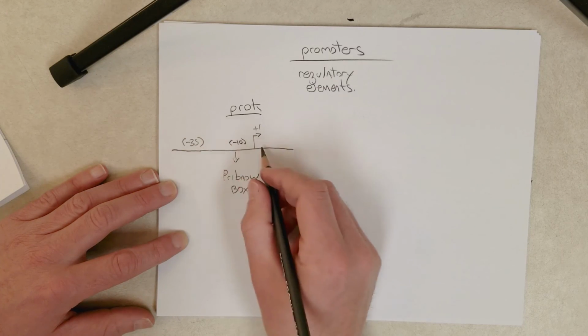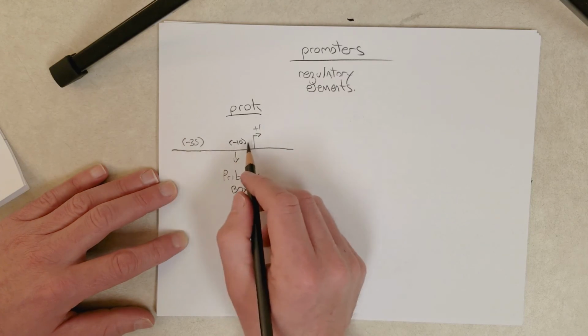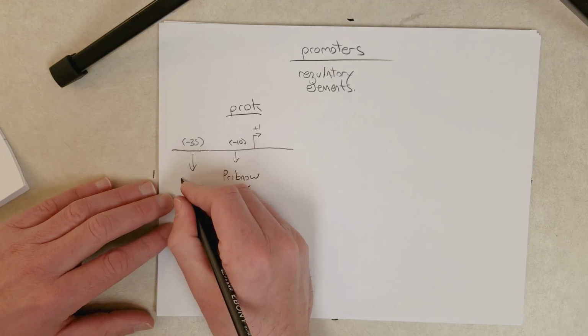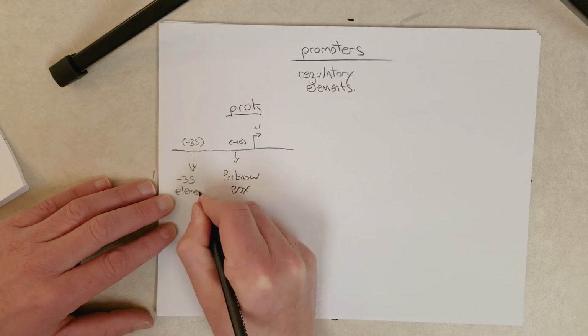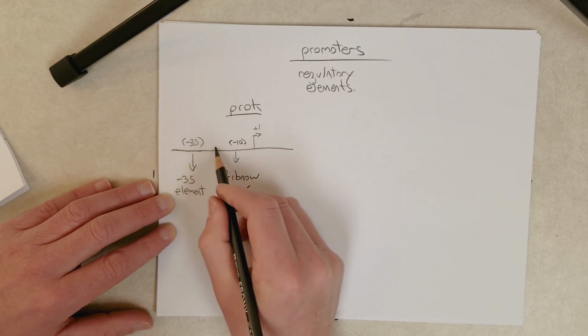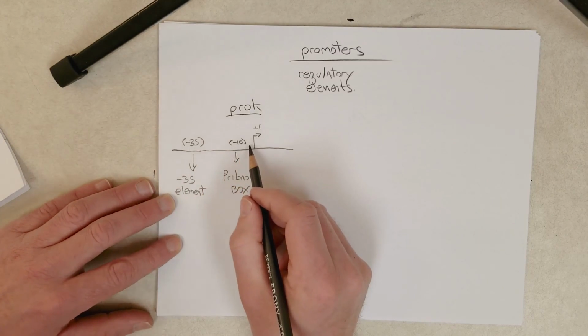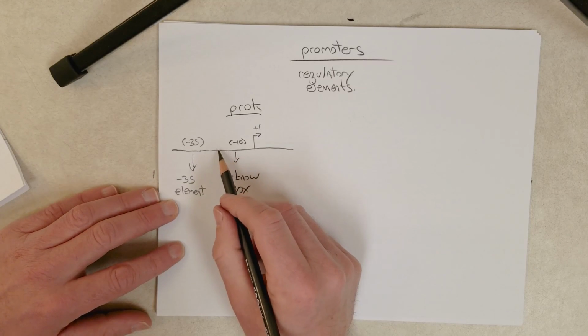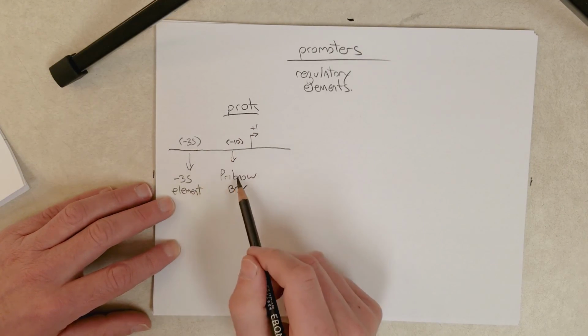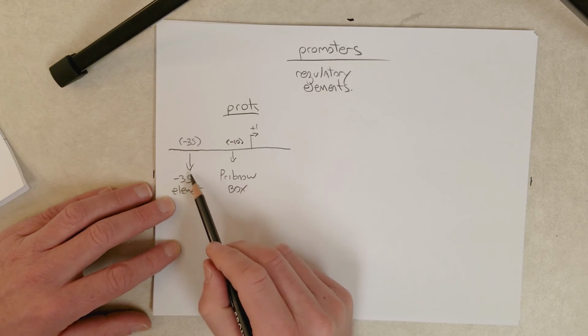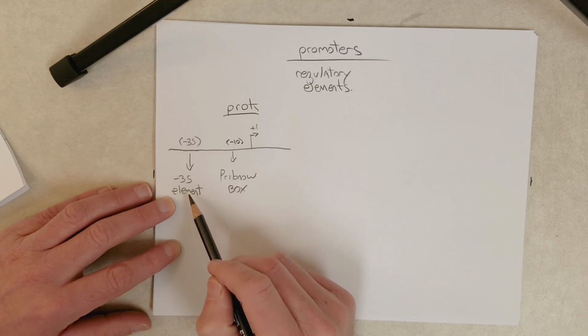But for -35, 35 nucleotides before the +1, we will often find what is called the -35 element. It's not always there, because there can be other types of regulatory elements in charge of helping RNA polymerase bind. But in prokaryotes, often it's the Pribnow box at -10, and at -35, it's the -35 element.